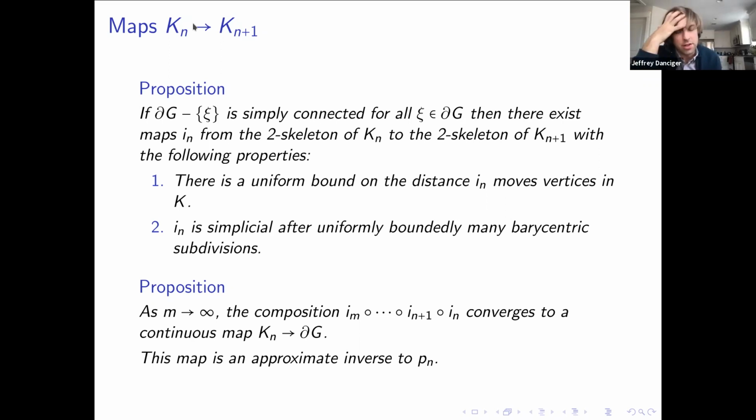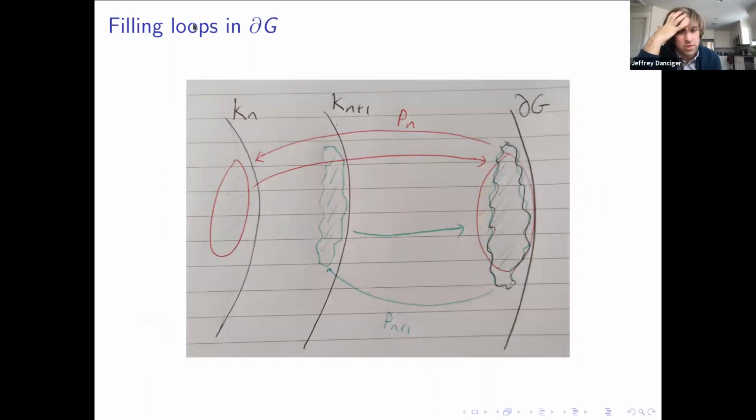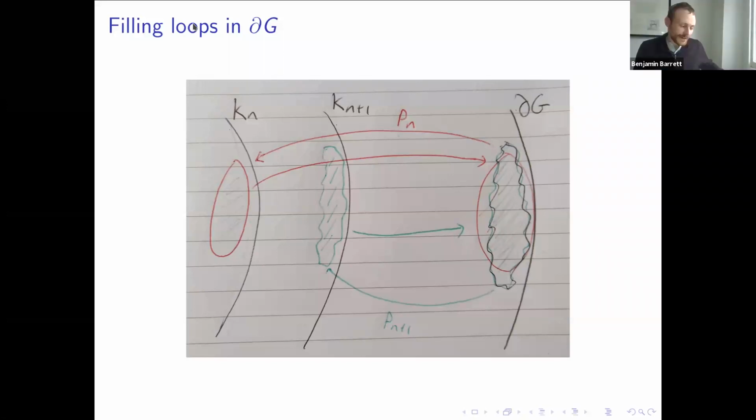But can you go back to the other picture? Sure, yeah. You take some limit, explain again how the punchline happens. Okay, I guess the bit I haven't justified is that you can fill loops in Kn and Kn+1 and so on, but you sort of can.